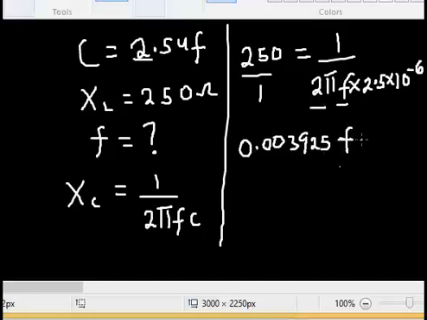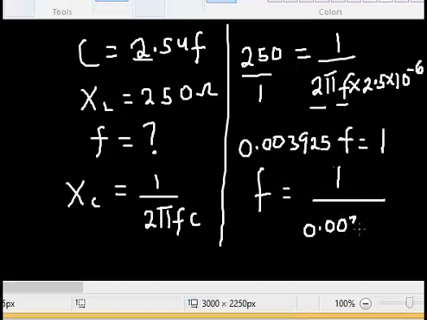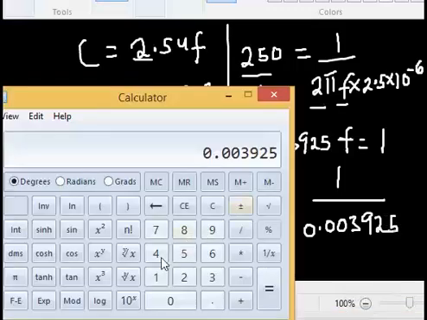F is equal to 1 divided by 0.003925. Okay, so let's do that division. 1 divided by 0.003925.